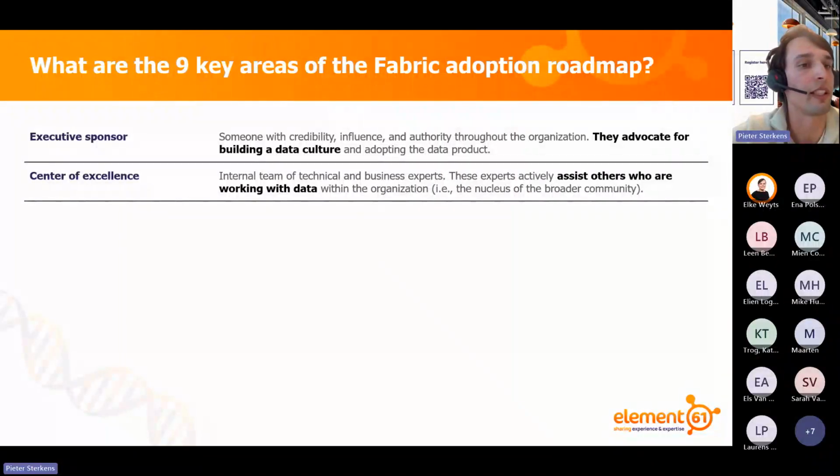Well, that's typically something that a Center of Excellence does. It's a platform for the people that are involved in the BI setup to discuss and to find ways to assist the end users. And again, in this section, you find guidelines on how to set this up, which profiles need to be in this Center of Excellence in an ideal scenario, and what kind of actions they can take just to increase adoption.